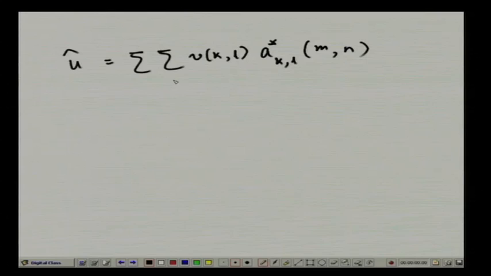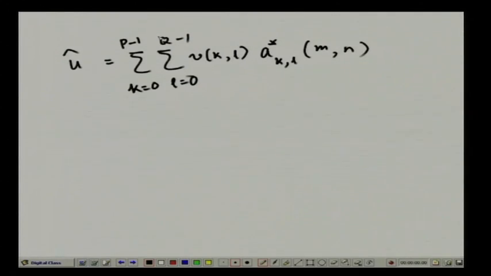Now, suppose L will vary from 0 to q minus 1 and k will vary from 0 to p minus 1. So, instead of considering both k and L varying from 0 to N minus 1, I am considering only q coefficients along L and p coefficients along k.